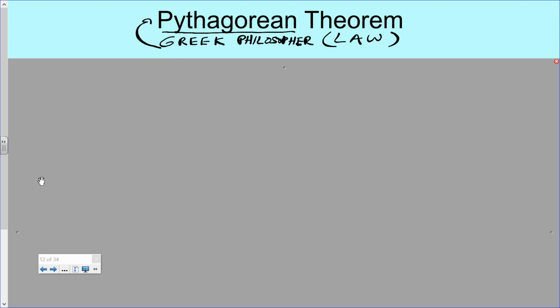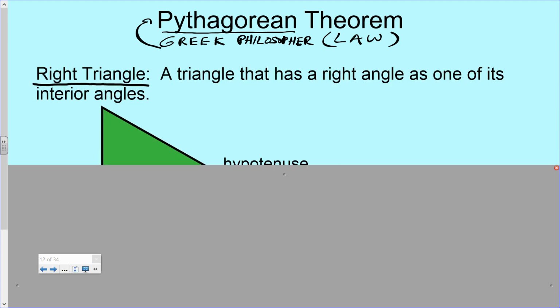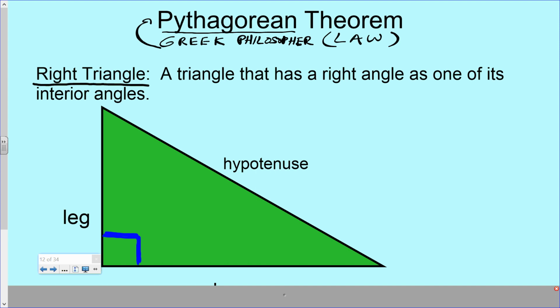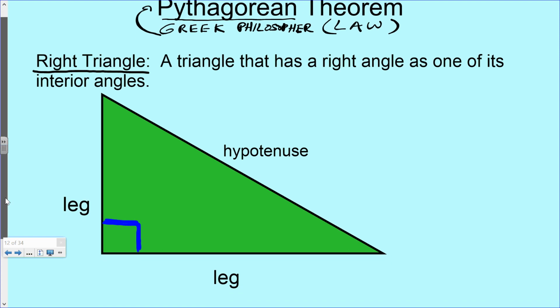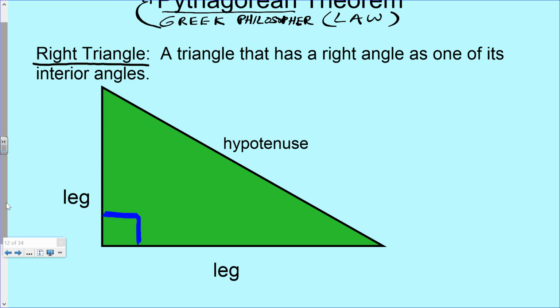Before I get into what the law says, we first have to talk about a right triangle. Go ahead and define a right triangle. I'm going to write the word right triangle: a triangle that has a right angle as one of its interior angles.